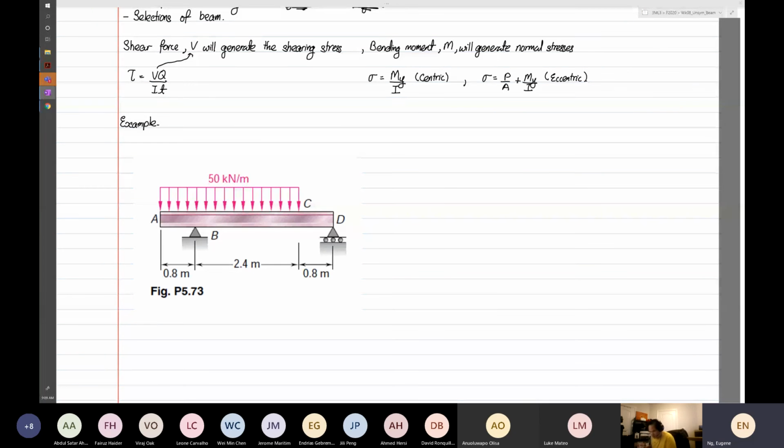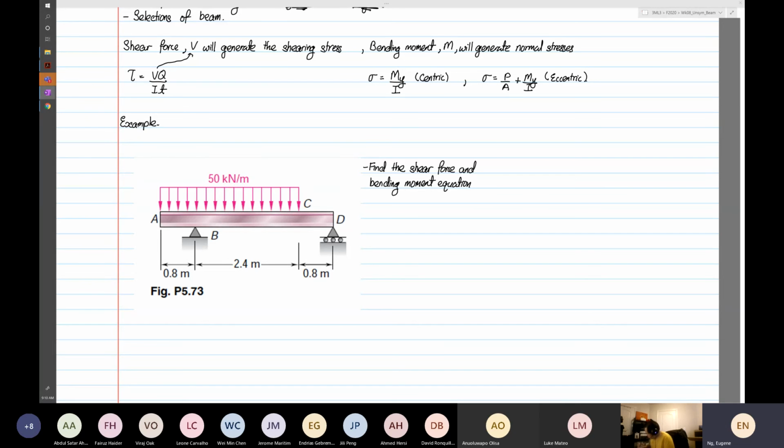So for this question, we're going to find the shear force and bending moment equation.